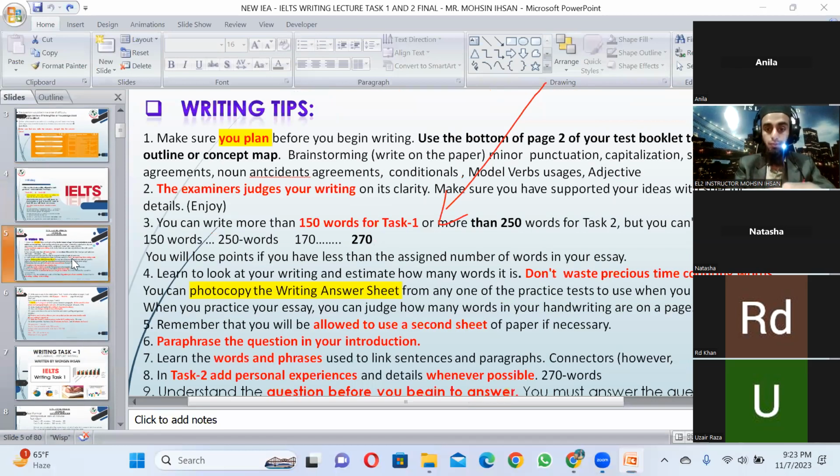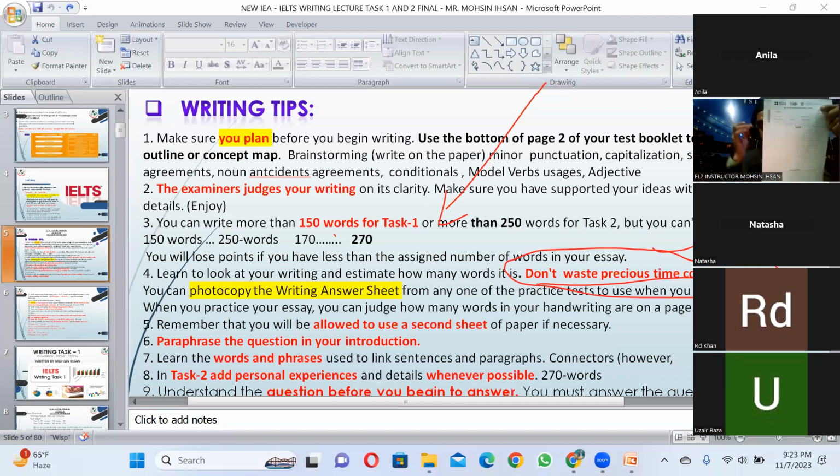The next thing is, learn not to waste precious time counting words in your real exam. You shouldn't sit down to count words. I showed you a piece of paper: on your answer sheet, suppose you have written up to here, and then the next side. Now it doesn't mean you should count your words.